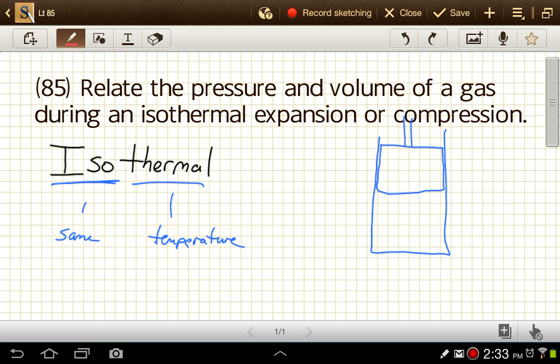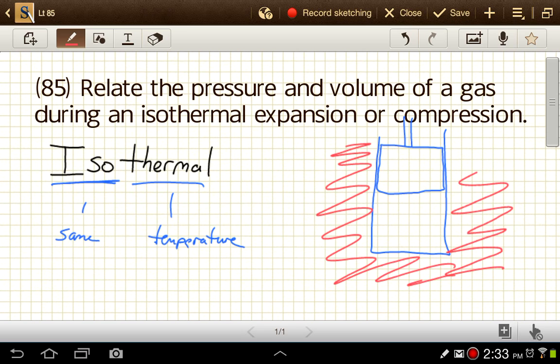And then we think of the whole chamber here as being connected to some amount of mass that's at a constant temperature.